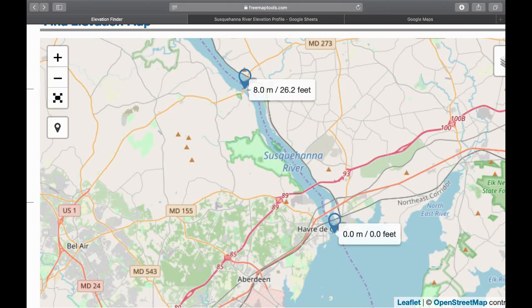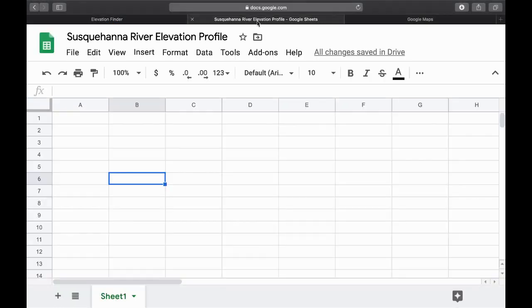Okay, how am I going to record this? So I'm going to open up a table, and I just need two columns. One column is going to be a distance. The other column is going to be a height. So let's start out. If I am 0 miles away from the mouth of the river, I had a height of 0 feet above sea level.